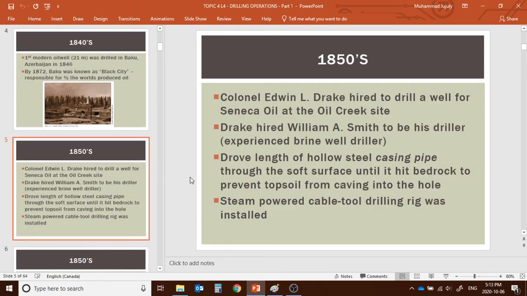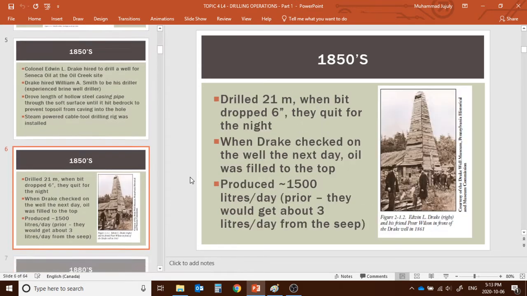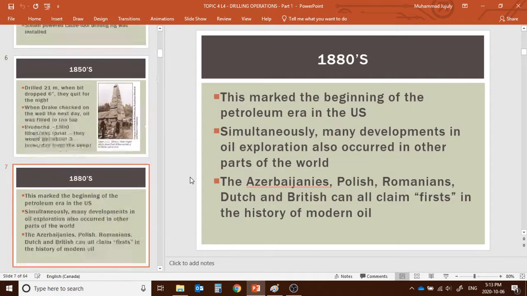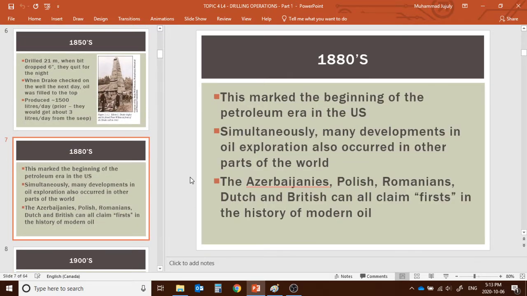Now, back to North American history. Colonel Drake was hired to drill for oil for the Seneca Oil Company at the Oil Creek site, and he started working on that. He used a steam powered cable tool and started drilling. This is Drake's drilling; it looks like that.